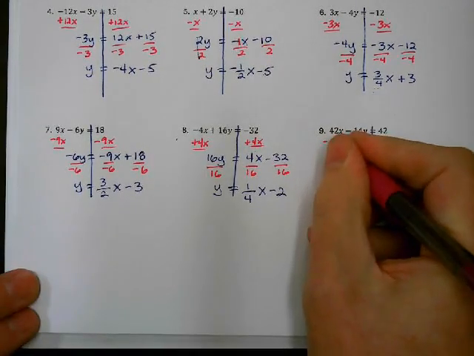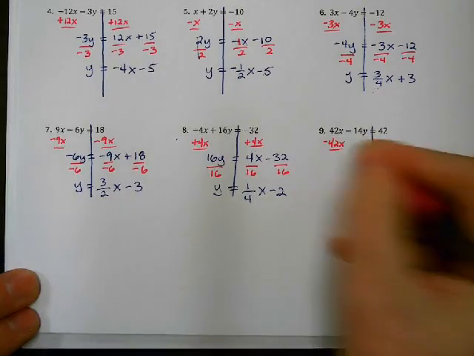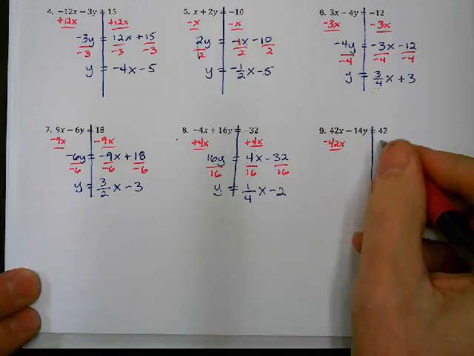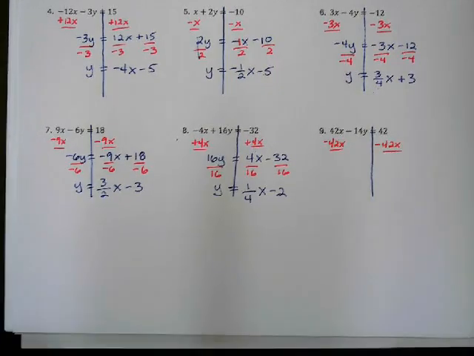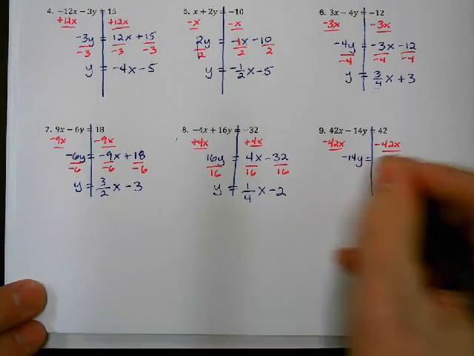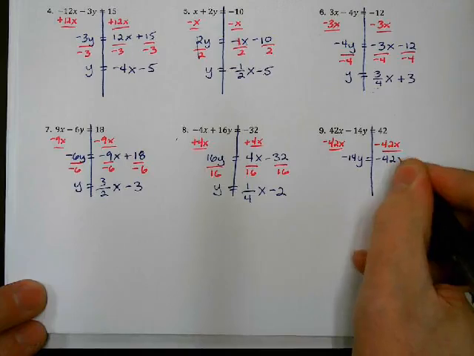The pattern is we've been moving the term that has the x in it, the x term. Negative 42x gets moved. I get negative 14y equals negative 42x plus 42.